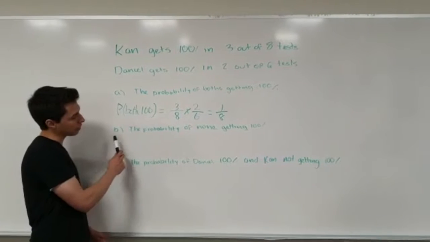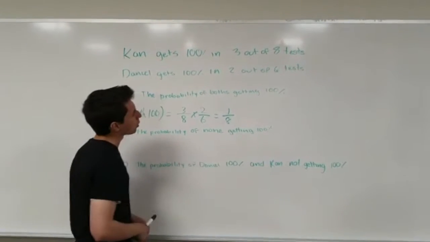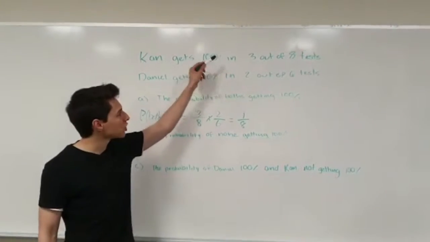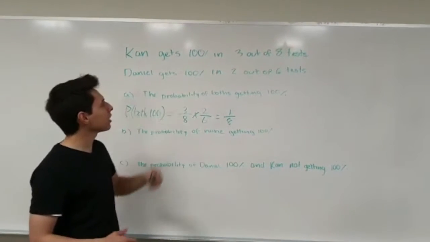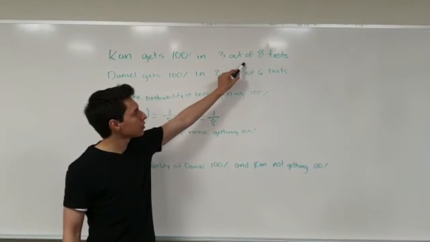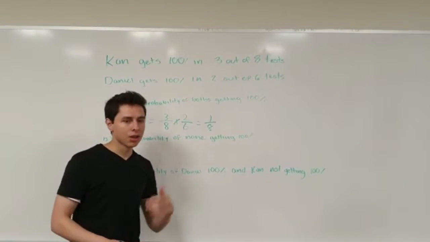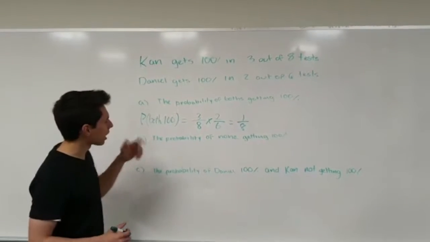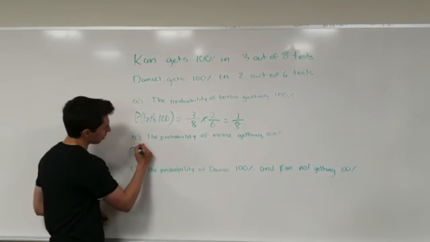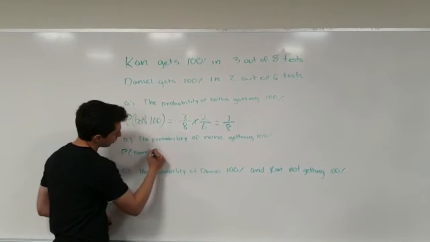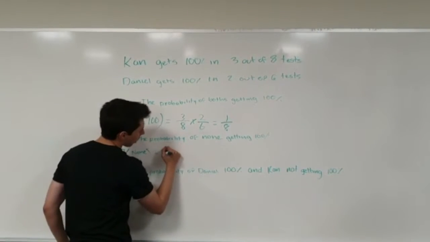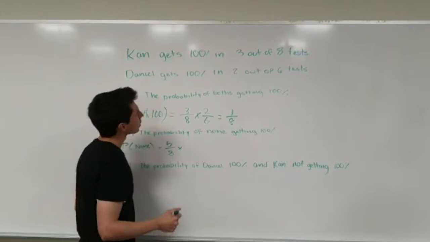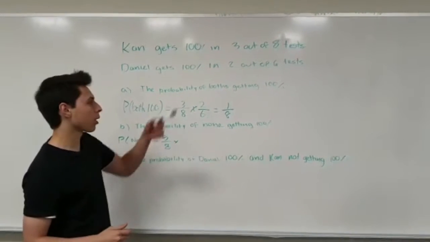The next problem is the probability of not getting 100. So what we are going to do is grab the remaining probability of each of the fractions. In Khan's case, instead of using 3 over 8, we're going to use 5 over 8 because that's the remaining fraction. That's the probability of Khan not getting 100. So the probability of none is equal to 5 out of 8, which is Khan's probability of not getting 100, times Daniel's probability of not getting 100, which is 4 out of 6.